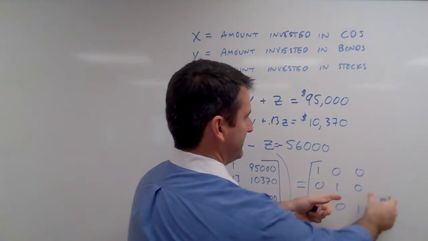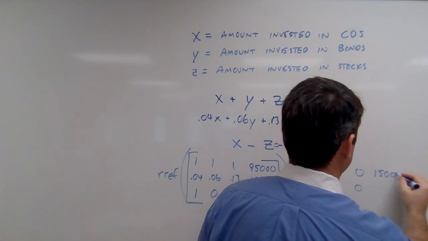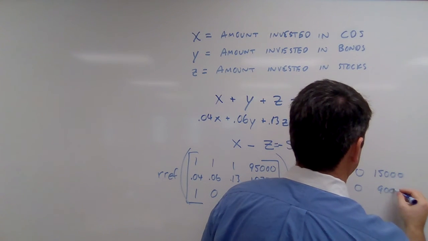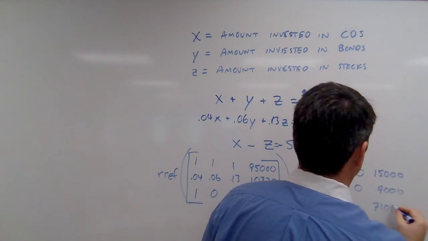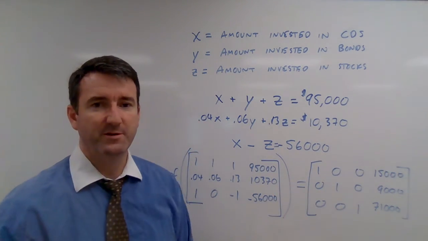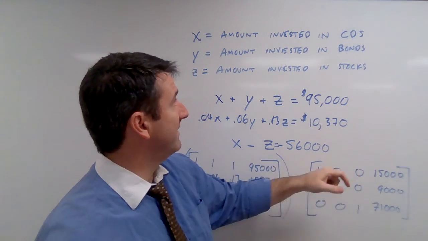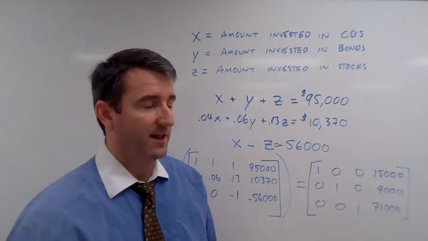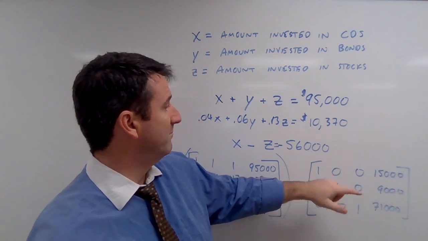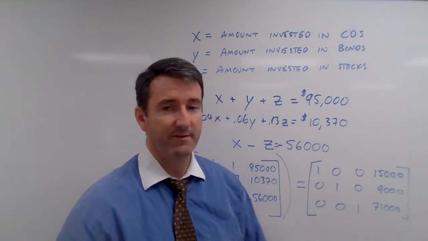That's our identity matrix, and then our solution matrix is going to be 15,000, 9,000, and 71,000. So that's this matrix in reduced row echelon form, which means that the amount invested in CDs is $15,000. The amount invested in bonds is $9,000, and the amount invested in stocks is $71,000.